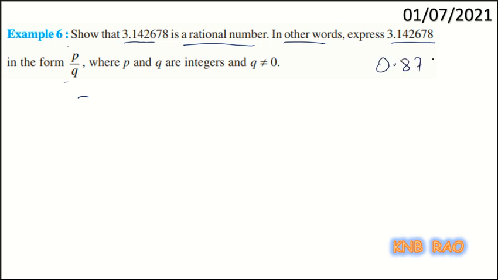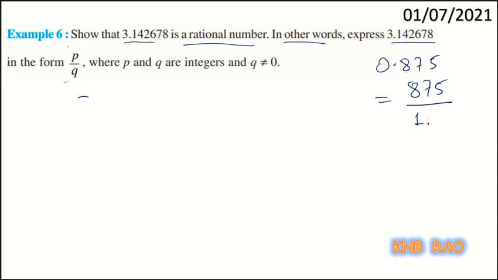0.875, if I want to convert that into P by Q form, you write the number, divide it by the power of 10, where the power of 10 is decided by how many digits are there in the decimal portion. In the decimal portion, I have 3 digits.